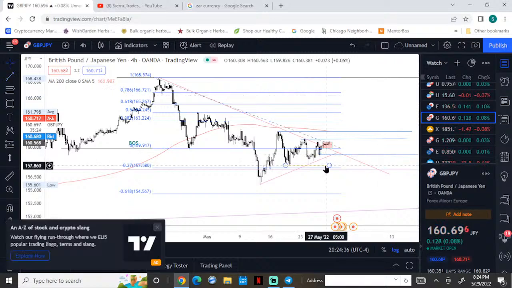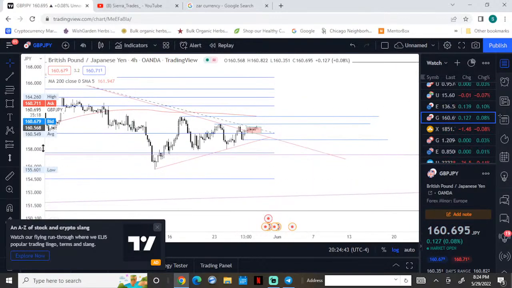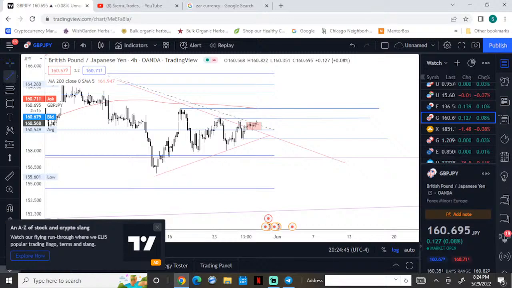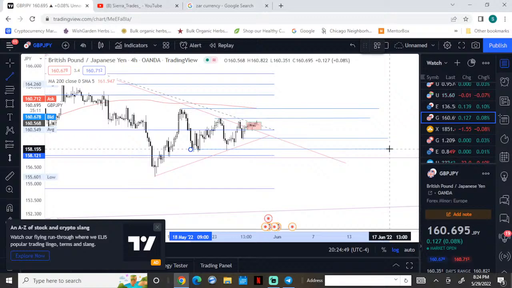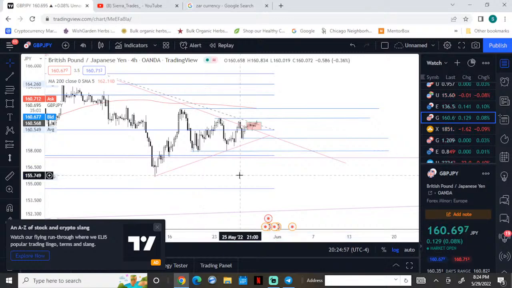This yellow line is supposed to be an hourly zone, but we're getting all these touches on a 4 hour as well. So I'm just going to change that to a 4 hour zone. All right.